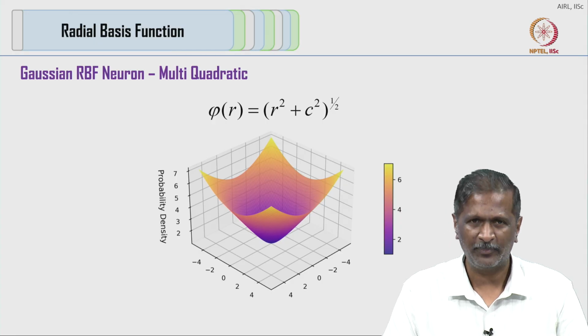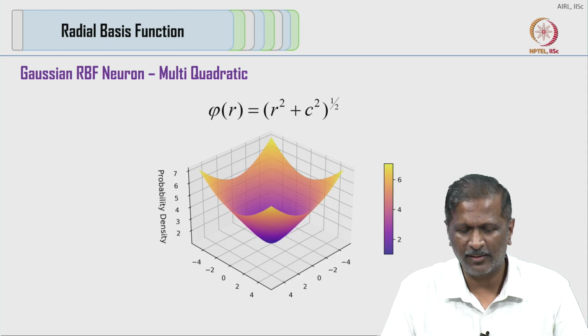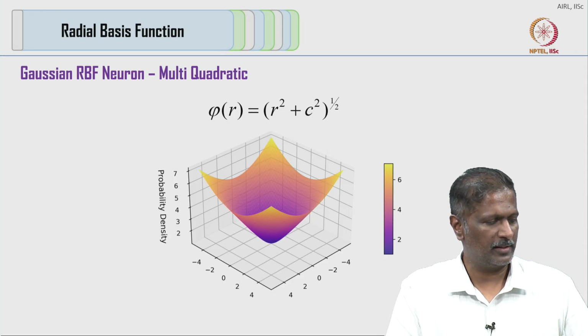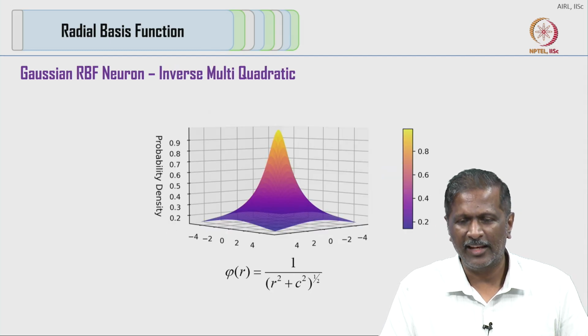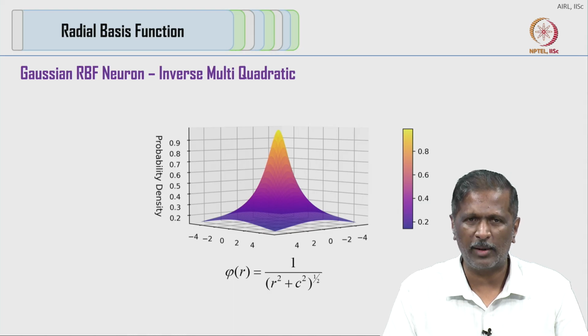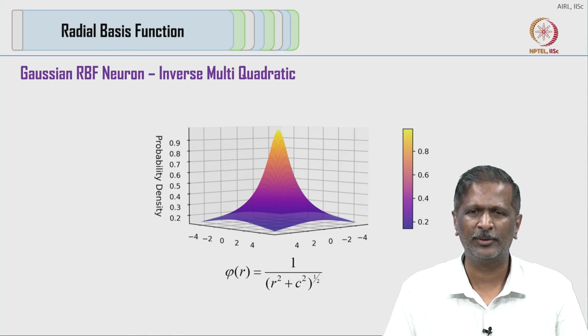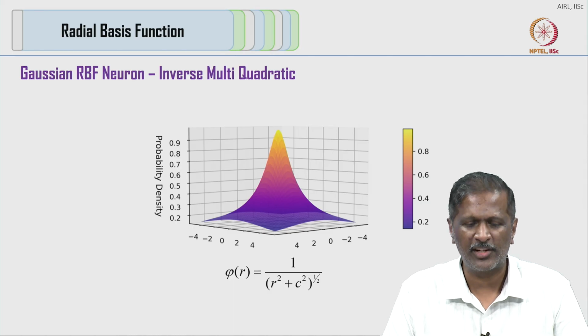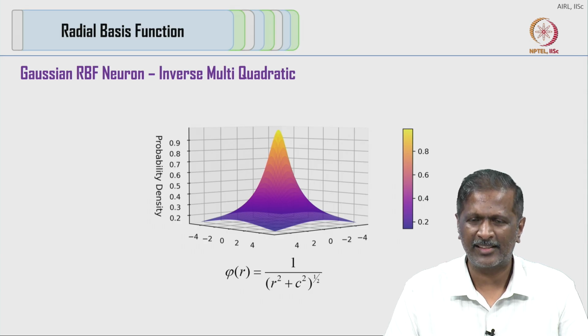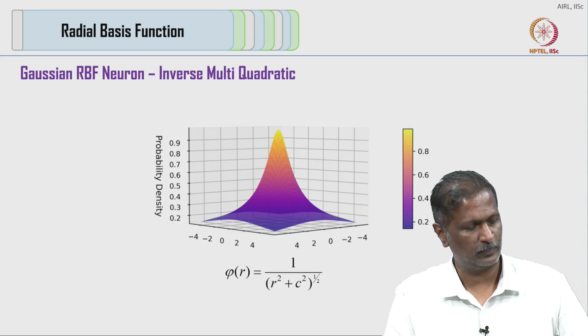It is also radial. When x is close to c, it is small, otherwise it just keeps increasing. The inverse multi-quadratic, 1 over that, is similar to your Gaussian function. When x and c are closer, you have the maximum, and farther away it becomes 0.